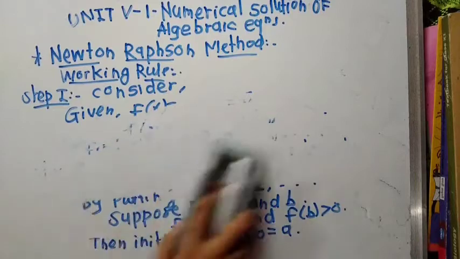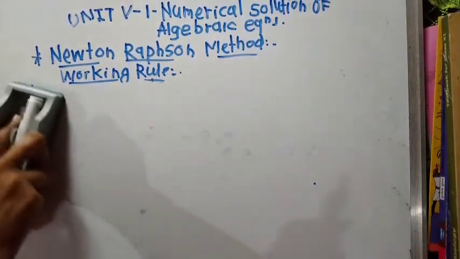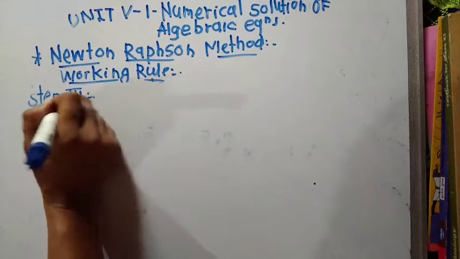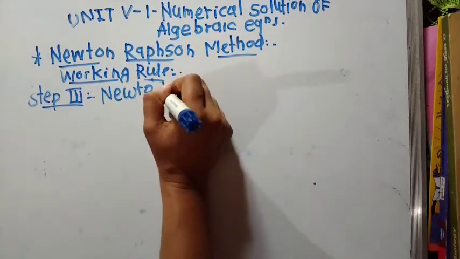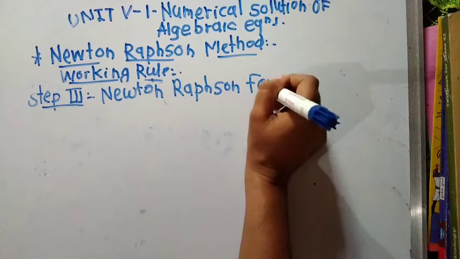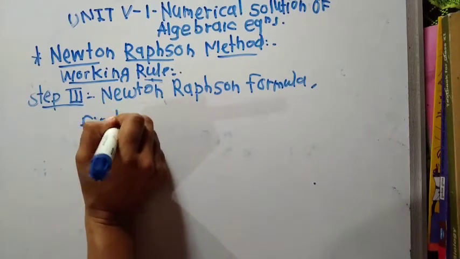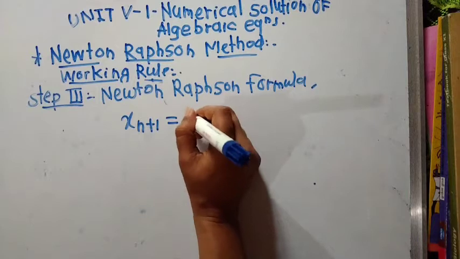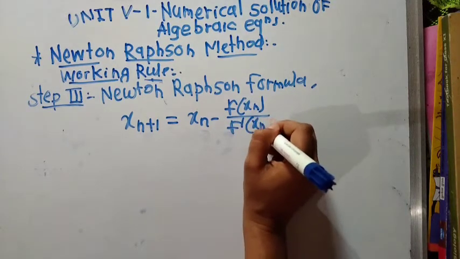Then step third is, we know that the Newton-Raphson formula is xn plus 1 is equal to xn minus f of xn divided by f dash of xn.